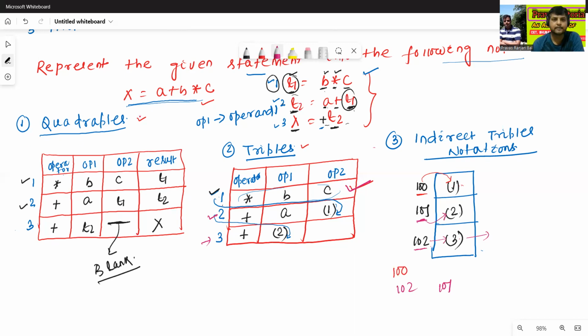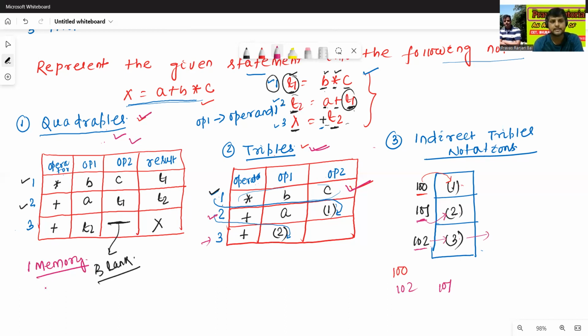Just say the quadruple notation. First we'll see the memory. Let's compare quadruple and triples notation. Quadruple notation generally takes extra memory as compared to triples, because triples notation uses 3 columns here, but quadruple notation uses 4 columns.